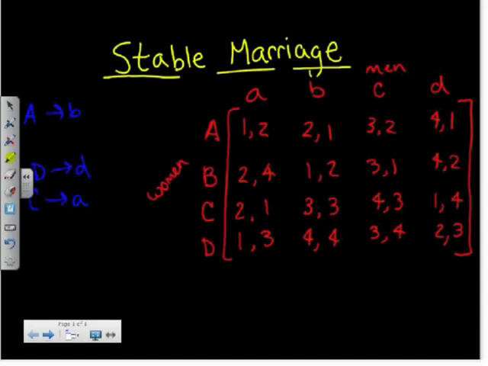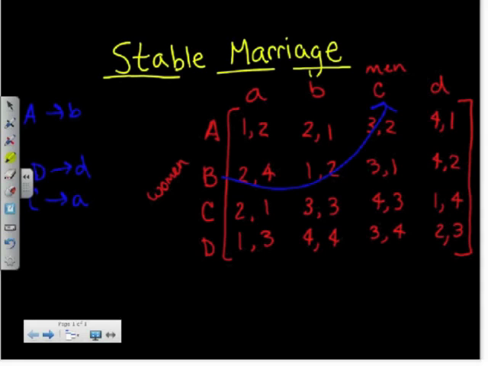Then woman B is going to propose to her next favorite of those who have not rejected her. She's been rejected by man b and man a, so she's going to propose to her third favorite, which is man c. Man c is not currently engaged, and he's been proposed to by only 1, so he's going to accept this engagement.